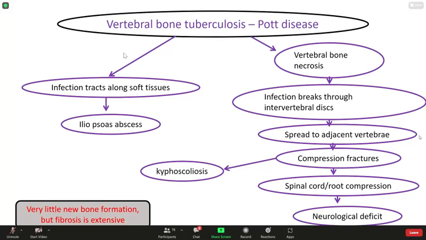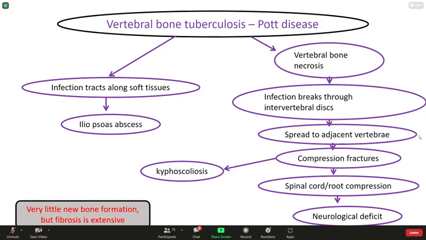If we talk about the complications of vertebral bone tuberculosis, or Pott's disease, when there's vertebral bone necrosis, it will extend into the intervertebral disc through the bone and into the adjacent vertebrae.